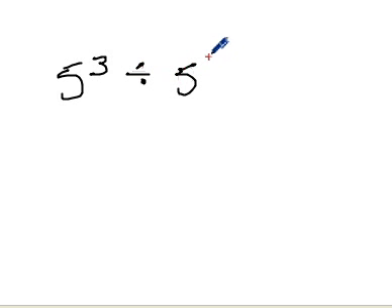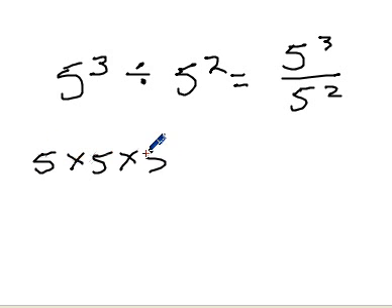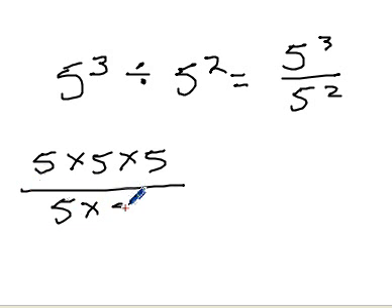Now dividing is going to work much the same. If we have 5 cubed divided by 5 squared, we could put that in expanded form as 5 times 5 times 5 divided by 5 times 5.